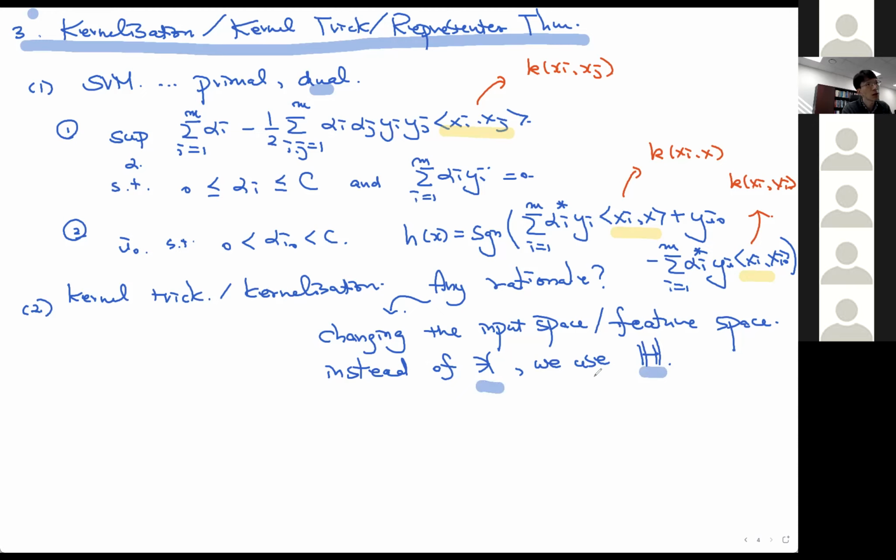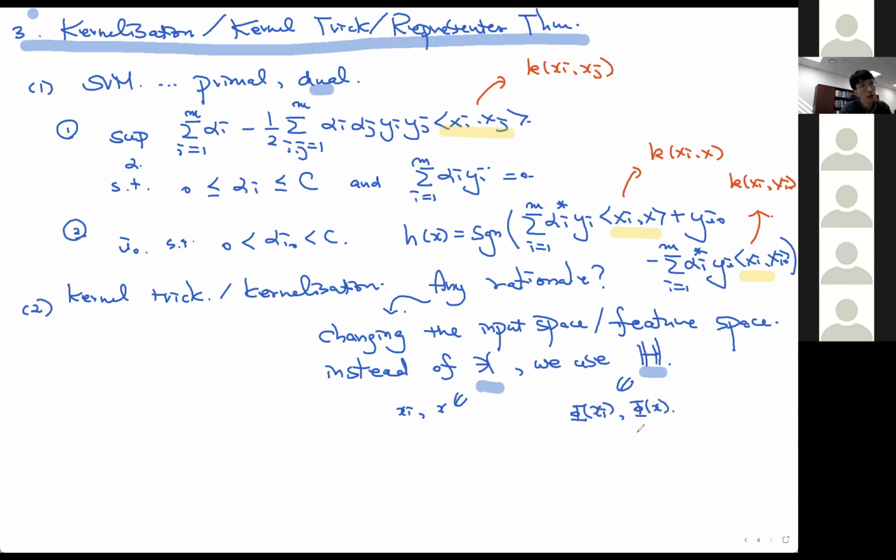Okay, and then all the inputs, instead of thinking about input X, which lives in the original space, like an example in the sample, we are using their embeddings into this Hilbert space, the feature encoding of these inputs in the Hilbert space via the feature map associated with the kernel.